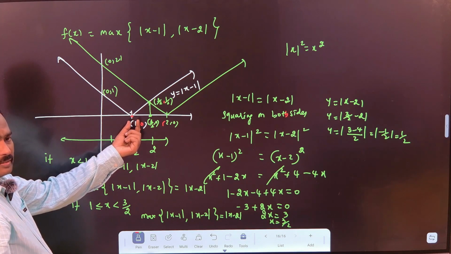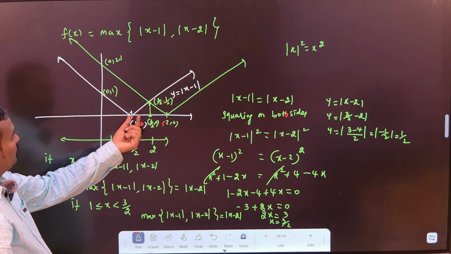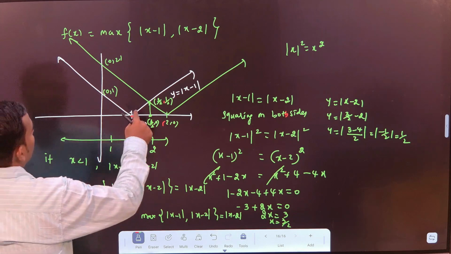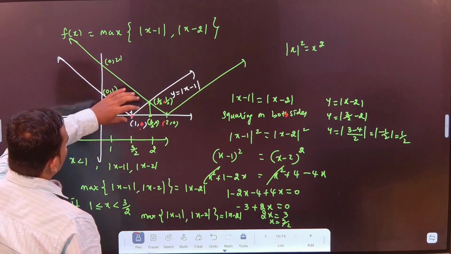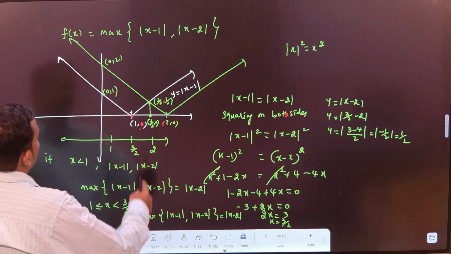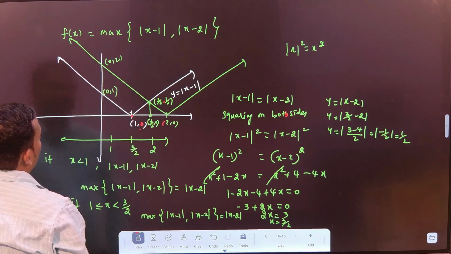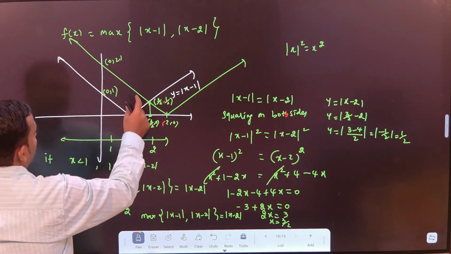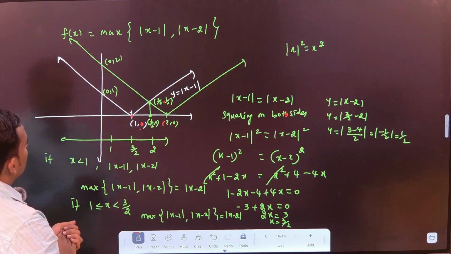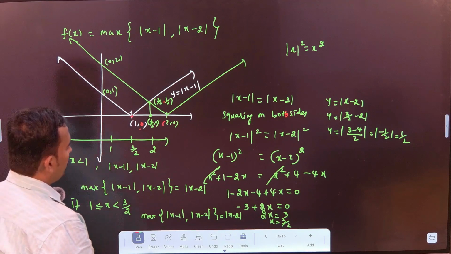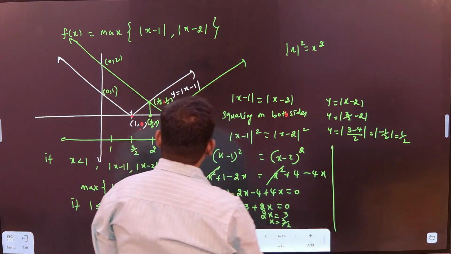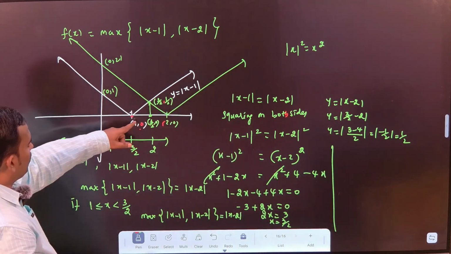You can check this way also. 1 to 3 by 2, y is equal to what? This is a positive slope, and this is your negative slope. So which is the larger here? Mod x minus 2 only, right? Otherwise, you can take any one point from here.